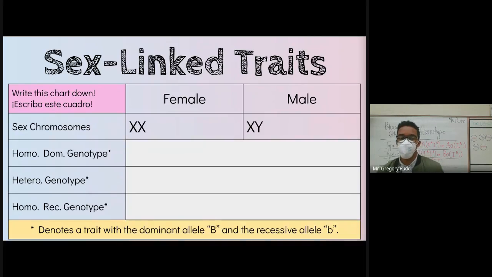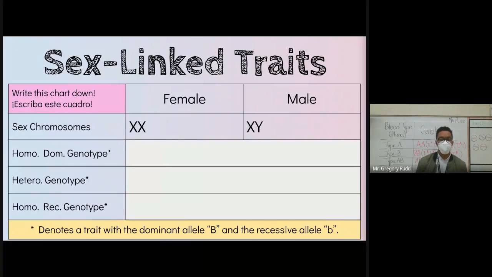So of course the female sex chromosomes are XX and the male sex chromosomes are XY. Just go ahead and write that into the chart. Hopefully you already wrote it, but write it into this table. So what do we think the homozygous dominant genotype will look like for females if we're using the letter B?